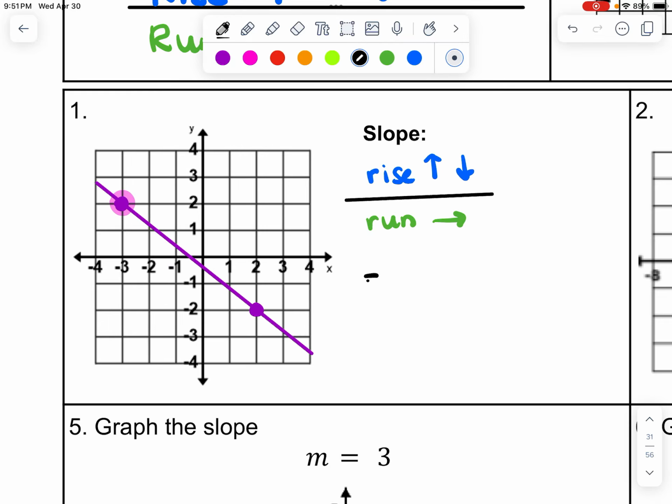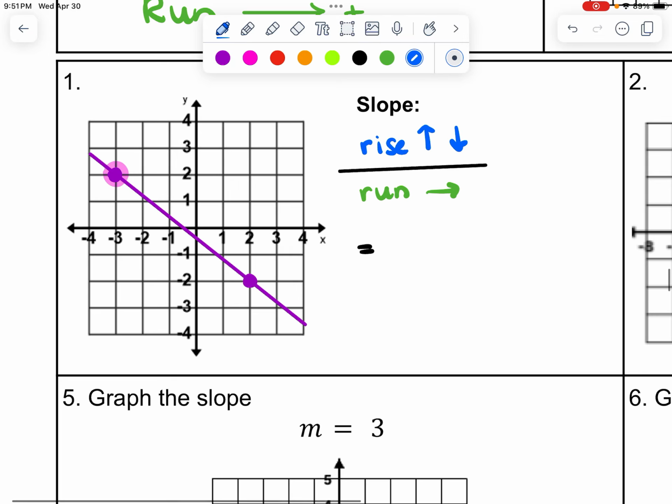So let's see if we can make a slope fraction. Starting from the higher point, because that's what's on the left, I'm going to go down until I get to the same level as the second point. And then I'm going to ask myself, how many spaces did I need to go in a downwards direction? It looks like there are 4 jumps here.